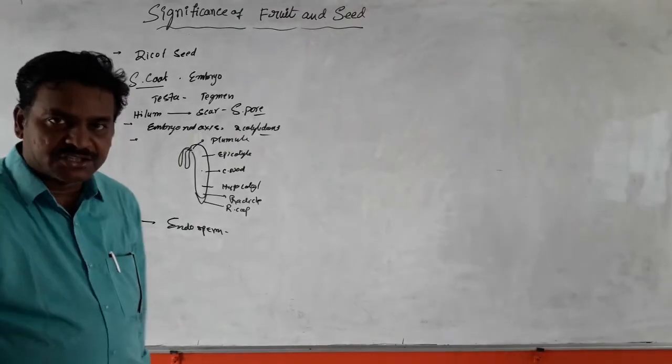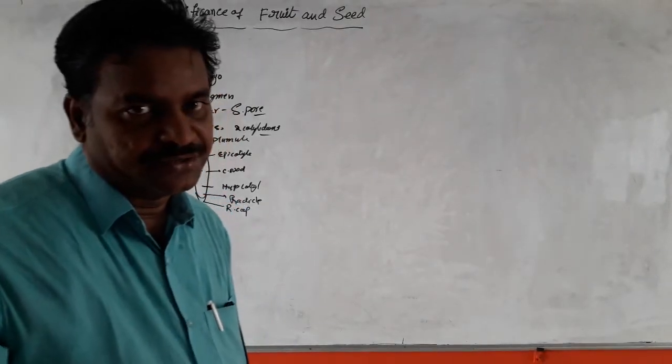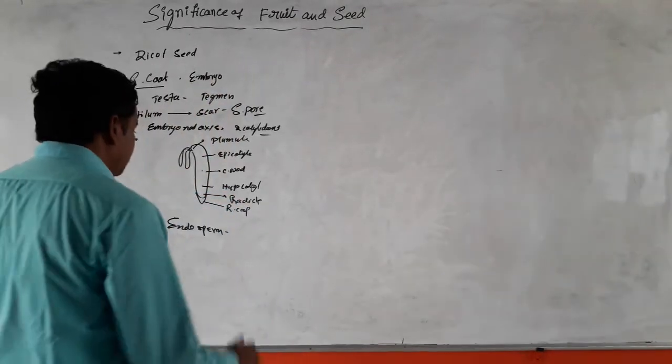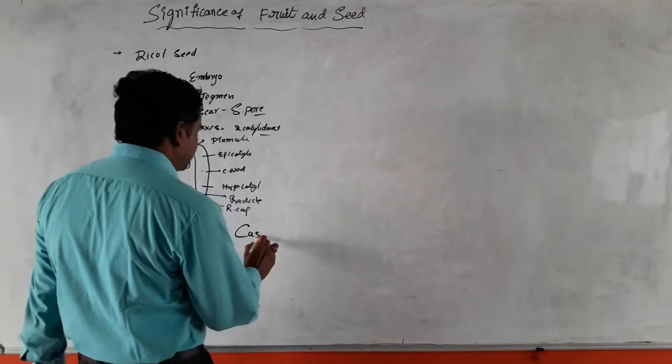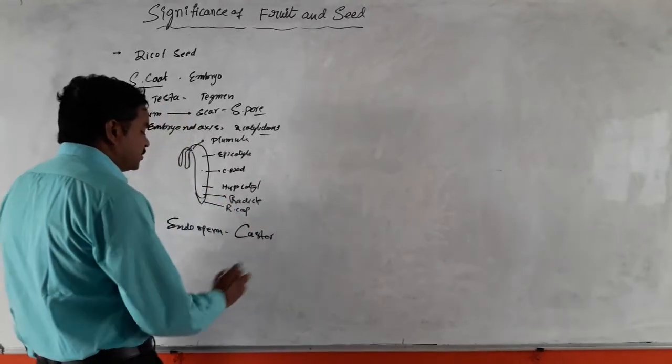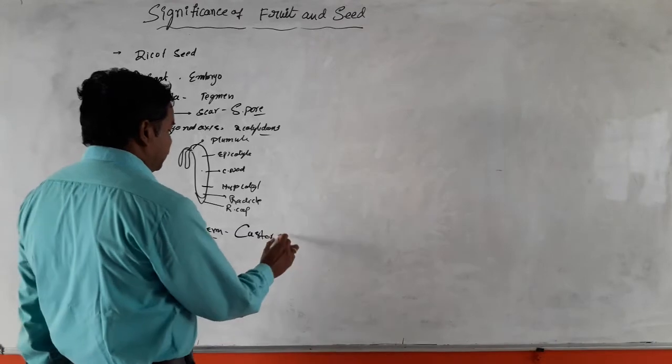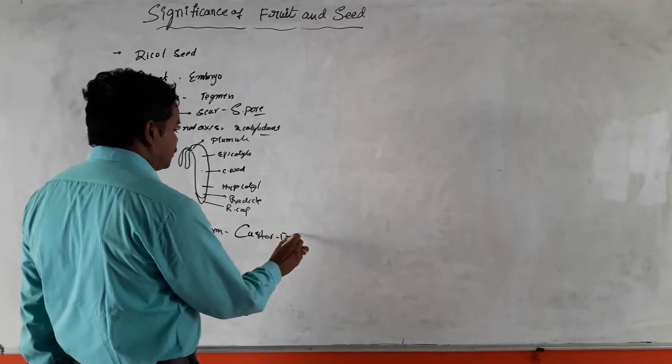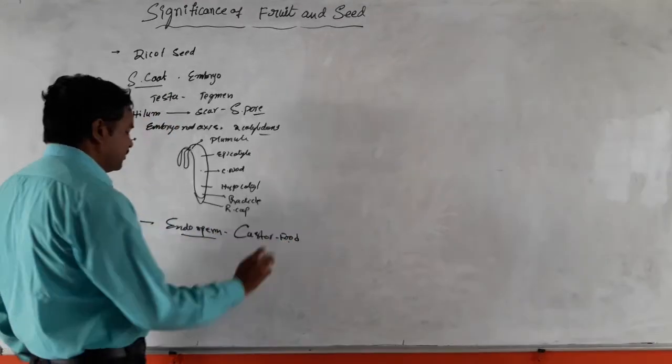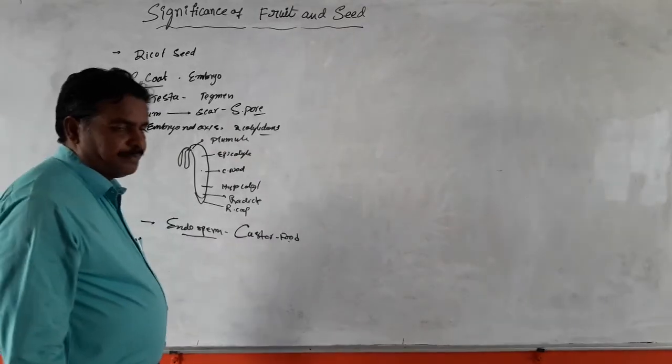Actually, food materials are stored inside the cotyledons in dicots, but exceptionally, in case of castor, the endosperm stores food material.